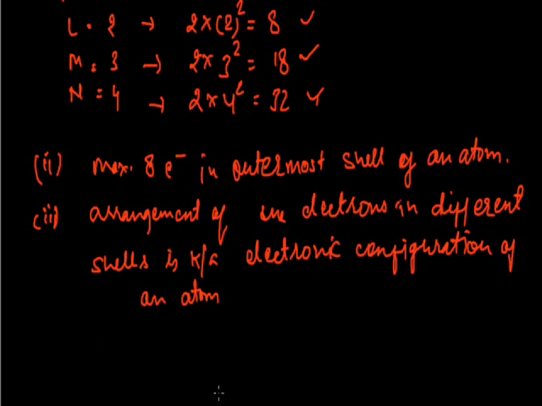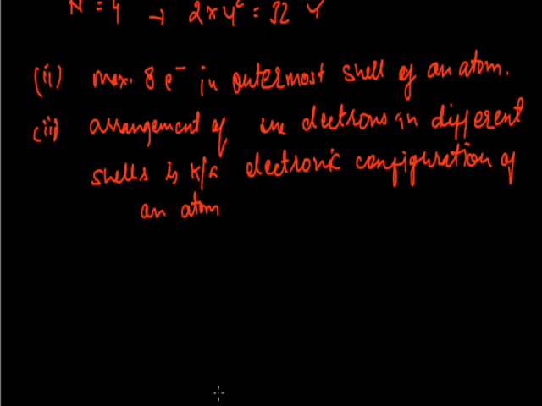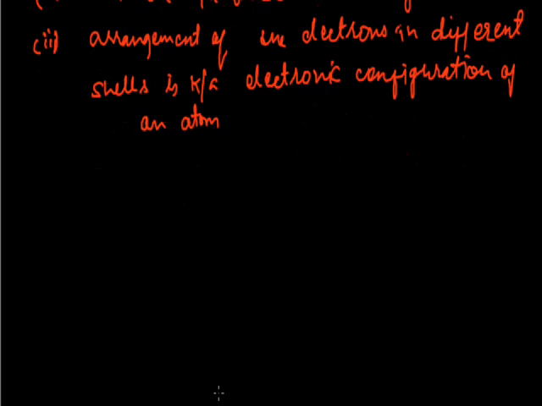The pictorial representation of Bohr's model of hydrogen, helium, carbon, sodium and calcium atoms, having 1, 2, 6, 11 and 20 electrons, will be shown. We will see here how to fill up the electrons and how to make a pictorial diagram of that atom.